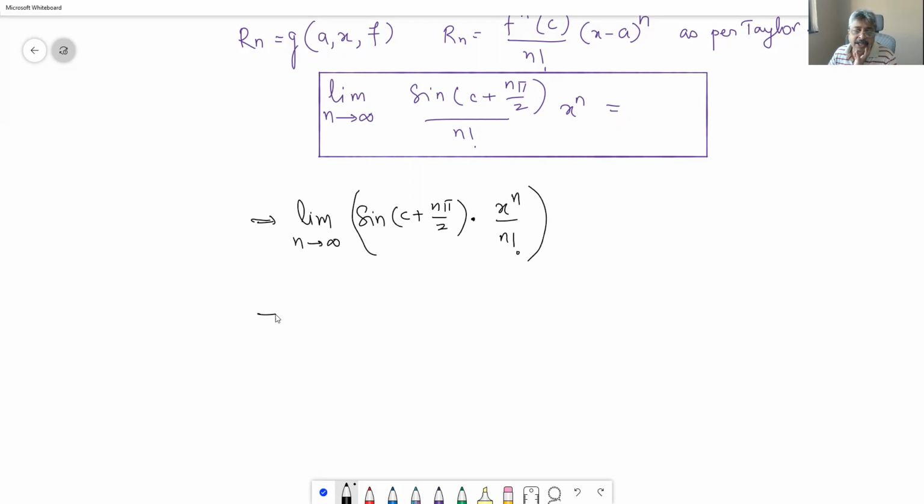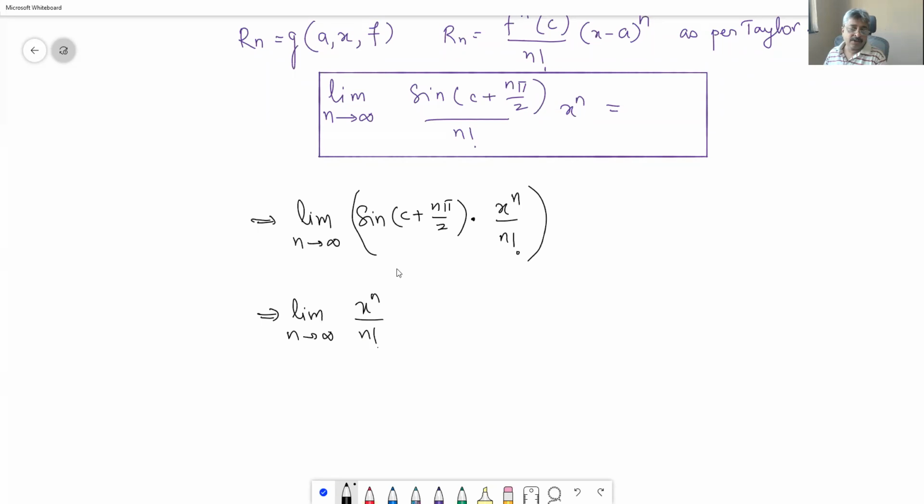So the challenge is to evaluate the limit as n tends to infinity of x raised to n upon n factorial. If you write them separately, then there are infinitely many terms, and hence you cannot use limit of product is equal to product of limits for infinitely many terms. It is true for finitely many terms. Therefore, we will have to do something else.